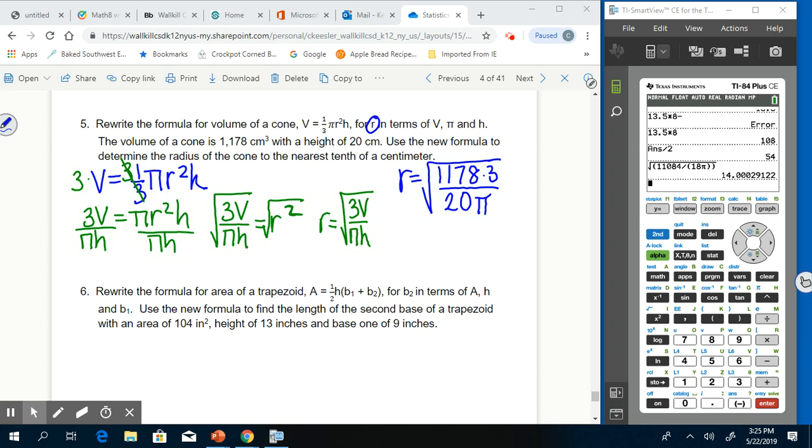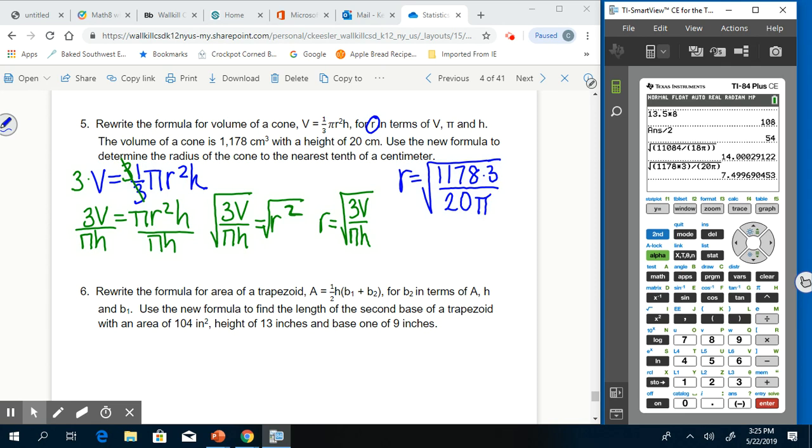And we can plug that right into our calculator. So we can do square root and then parentheses 1178 times 3, close the parentheses, divided by parentheses 20 times pi, close the parentheses and enter.